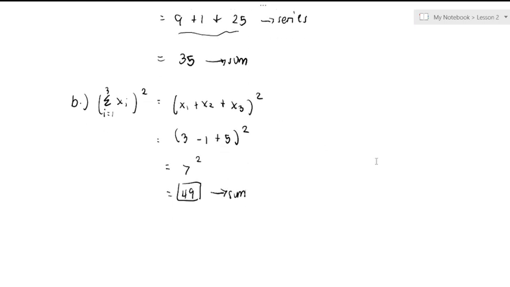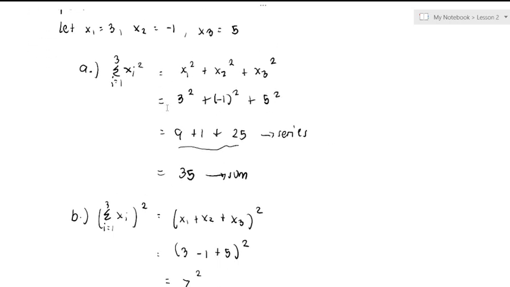Okay? So, as you can see, kung mapapansin natin sa example natin, yung summation ng x sub i squared, we can generalize it from 1 to n. So, this is not the same as summation of x sub i, i equals 1 to n, quantity squared. Okay?